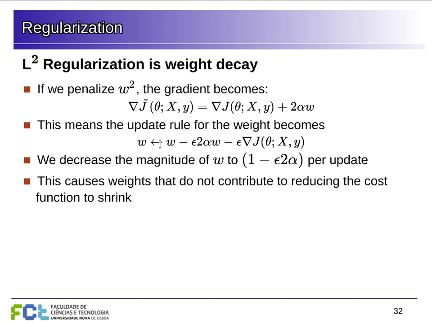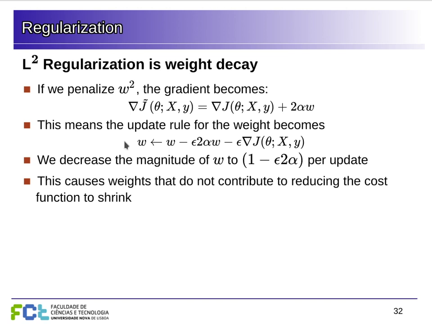And so the update rule means that for each time step, you're going to update the weight by taking the previous value of the weight, subtracting the learning rate multiplied by the gradient of your loss function. So this is just gradient descent, but also subtracting this term here. This is the learning rate, epsilon, twice the weight of the regularization factor and the value of your weight. So basically you are shaving a small fraction of the value of your weight at each iteration.